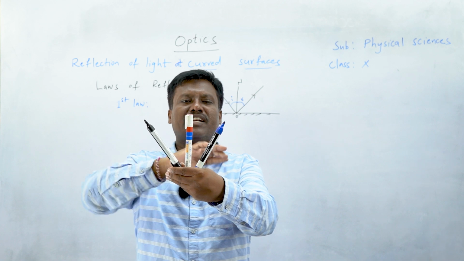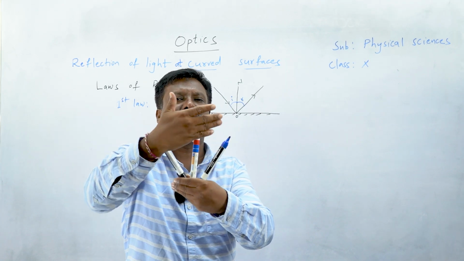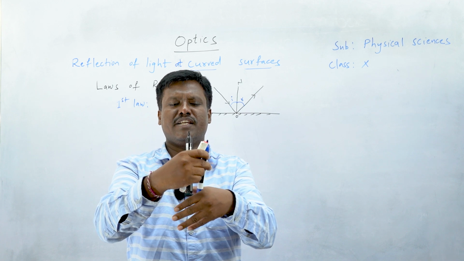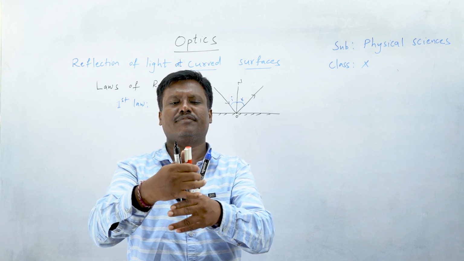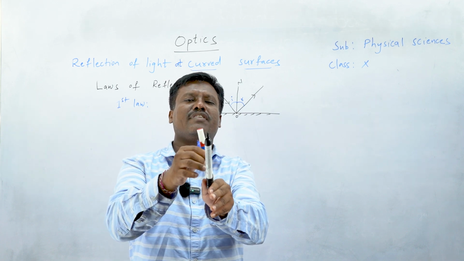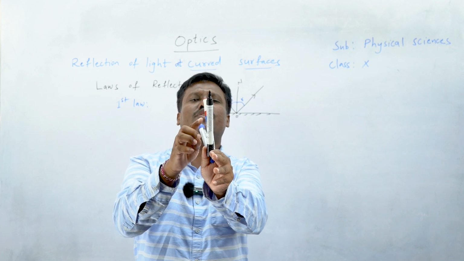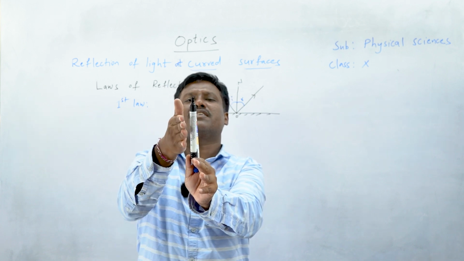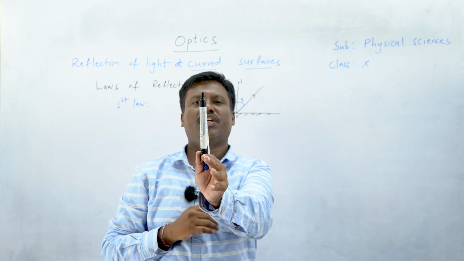Incident ray, normal and reflected ray lie in the same plane. When I hold these three markers this way, whenever you see this black marker, you cannot find the remaining two markers. Yes or no? Because they are lying in the same plane.